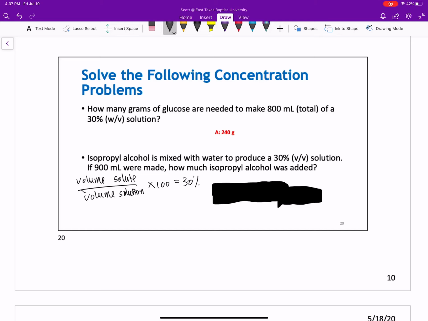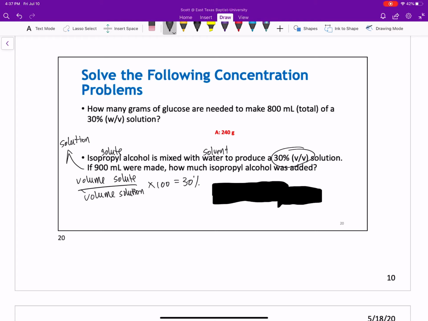So isopropyl alcohol is going to be the solute, and water is going to be the solvent, and it makes a 30% solution. Now it's saying 900 milliliters total were made, and that is a solution because it's made of the water, the solvent, and the solute, isopropyl alcohol.